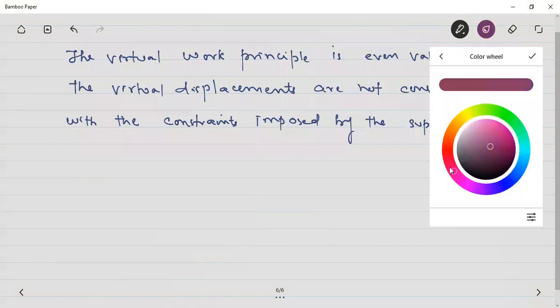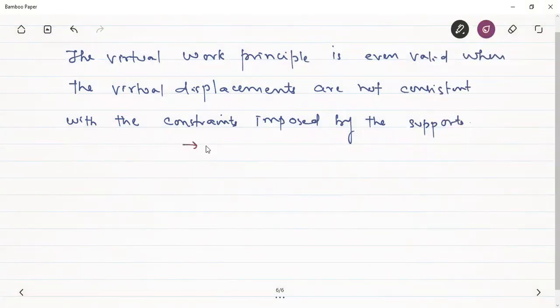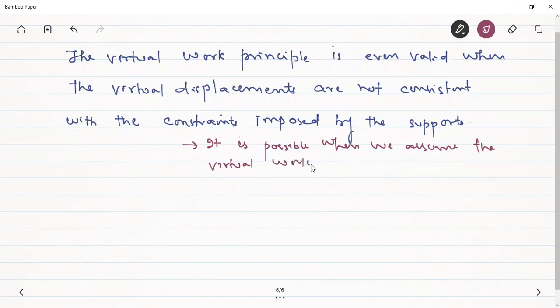Okay, what we have to actually assume here is that then it is possible when we assume the virtual work done by the reactions as well.